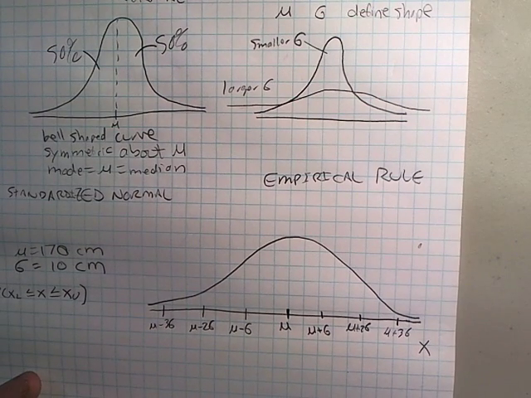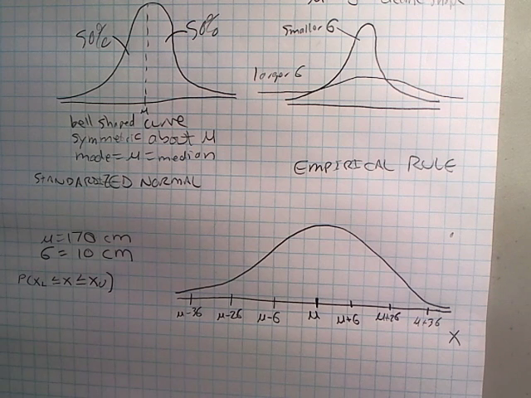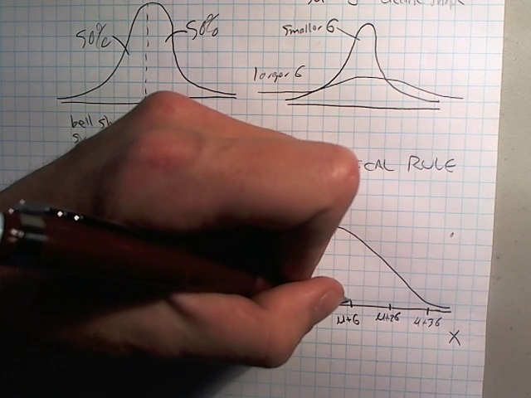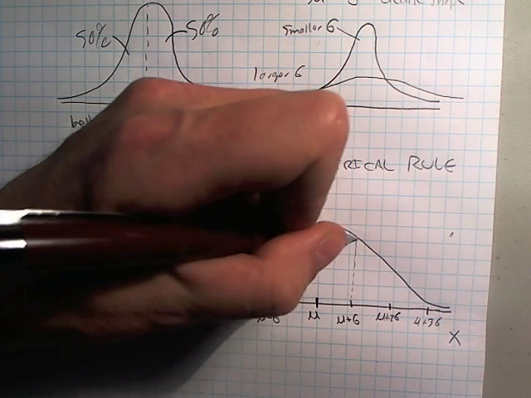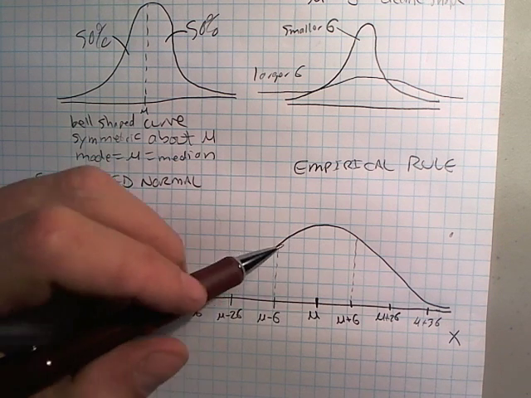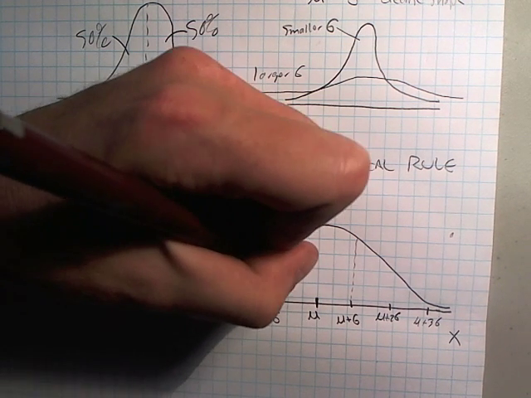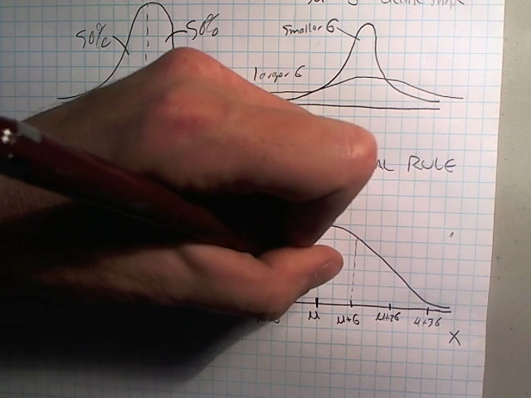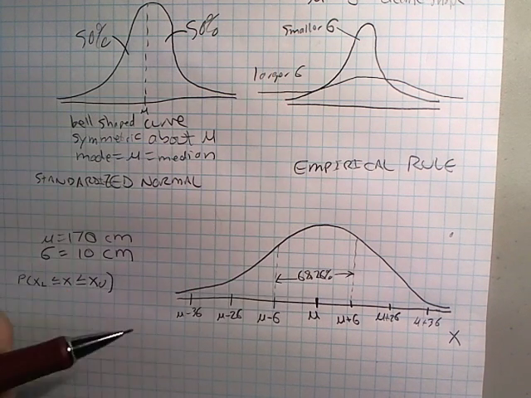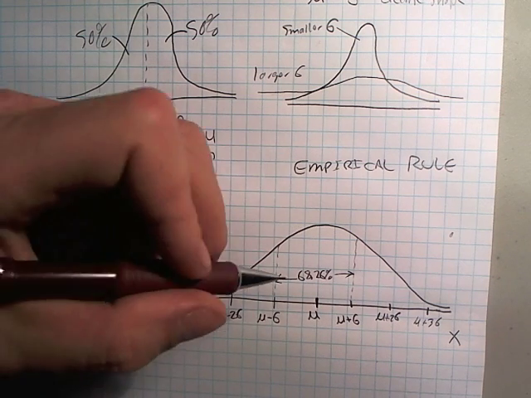And the empirical rule is a very handy tool, and what it says is that if we look at the area that falls between exactly one standard deviation below a mean and one standard deviation above a mean, we can say that that amount of area is 68.26% of the entire 100%.